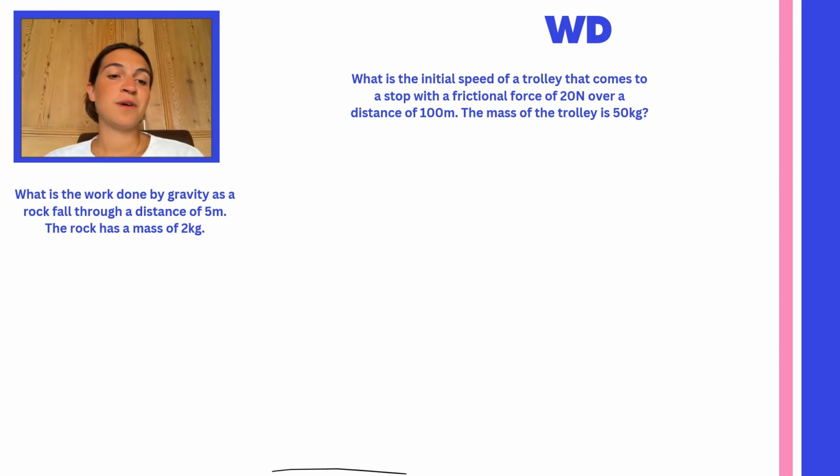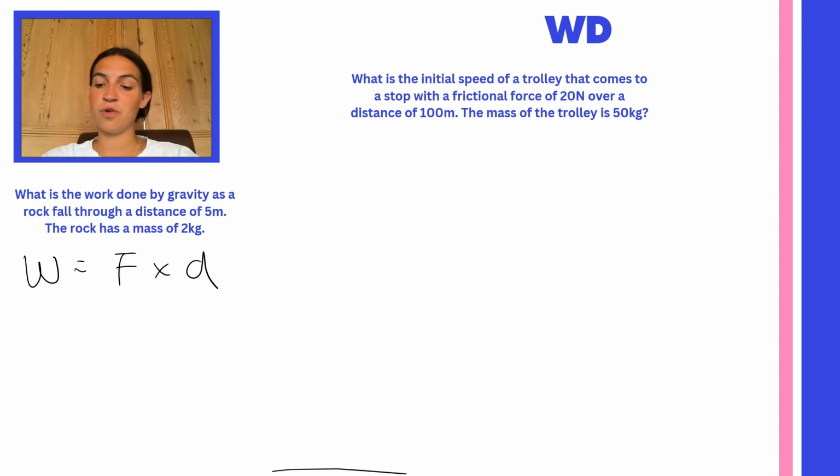Okay, what is the work done by gravity as a rock falls through a distance of 5 meters and the rock has a mass of 2 kilograms? So again, let's write out my equation. Work is force times distance. And since this rock is falling under gravity, I might want to think about what force is acting on this rock.